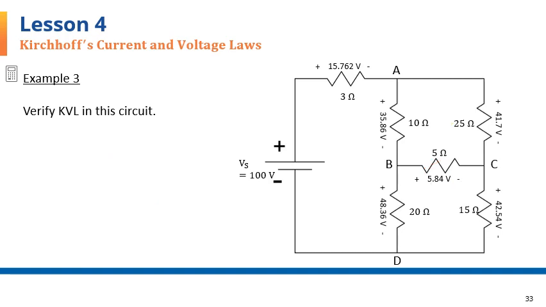Let's move on to take another loop. This time I'm going to take this largest loop here, and in that direction. Let me start here. The first one is a voltage rise, so that is going to be on the right hand side, 100 volts. Next one is a drop, so that goes on the left hand side, 15.762.